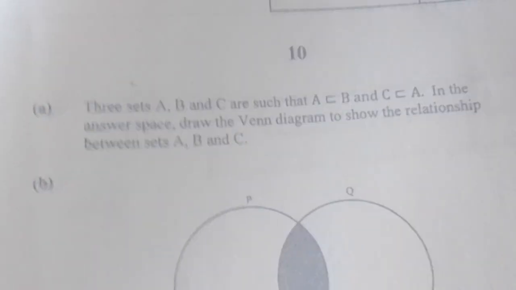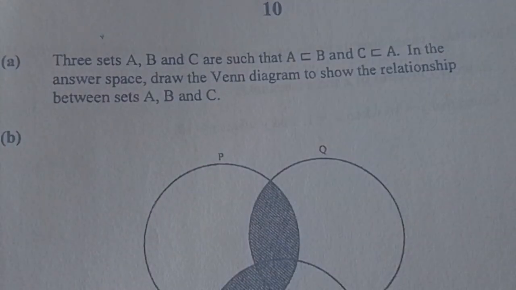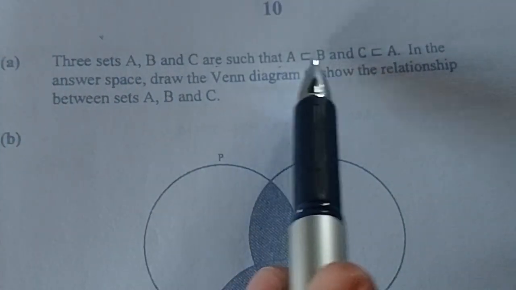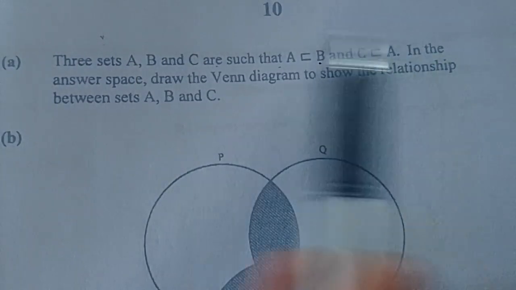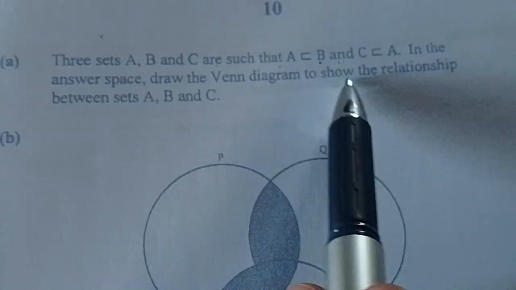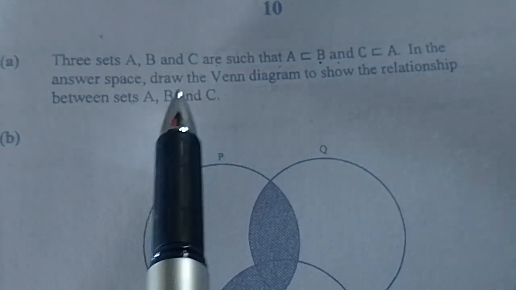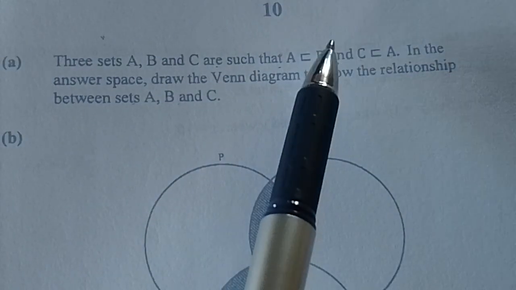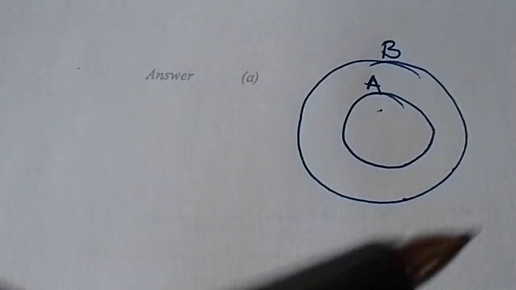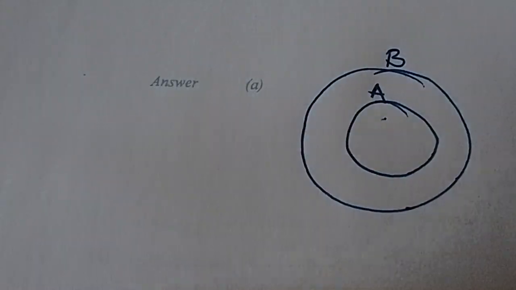Right. So 3 sets A, B, and C are such that A is a subset of B and C is a subset of A. In the answer space, draw the Venn diagram to show the relationship between sets A, B, and C. So if A is a subset of B, it means B contains A. This is our A, B. A is a subset of B. It's in set B, right?